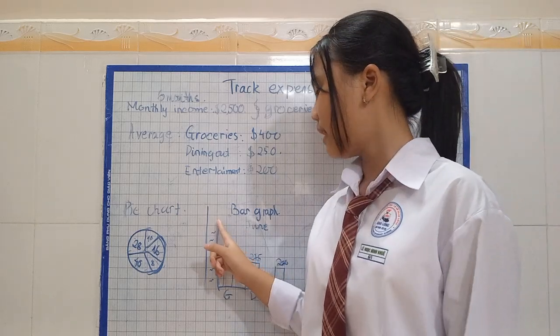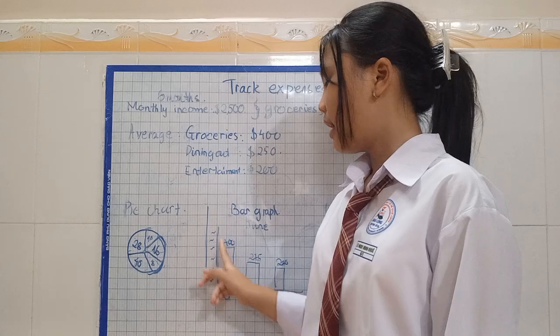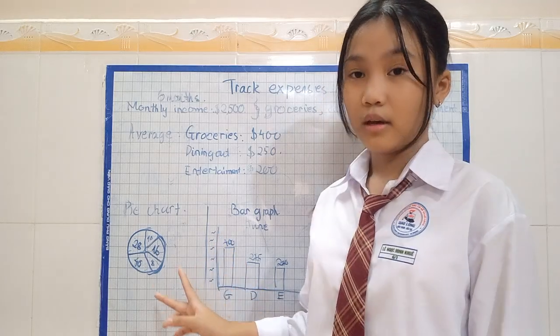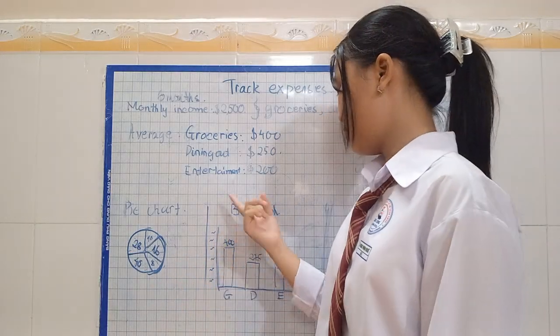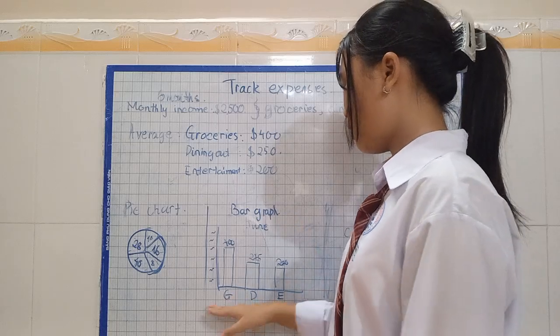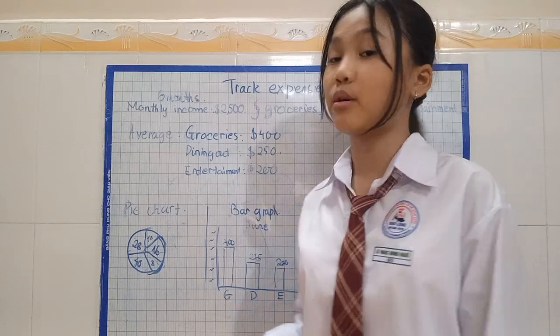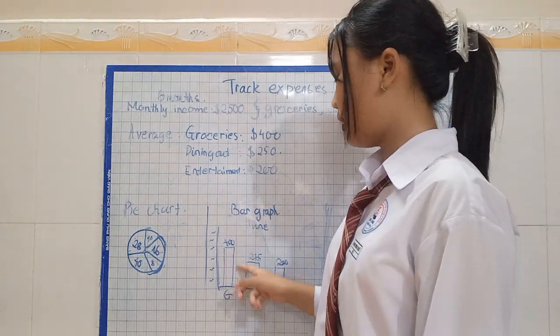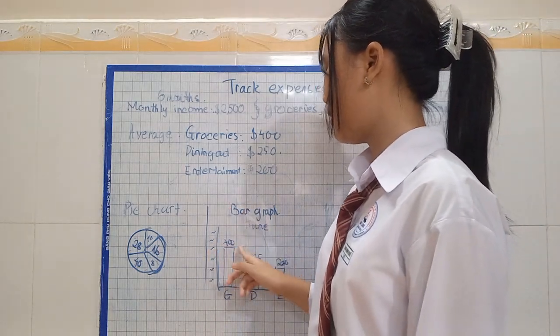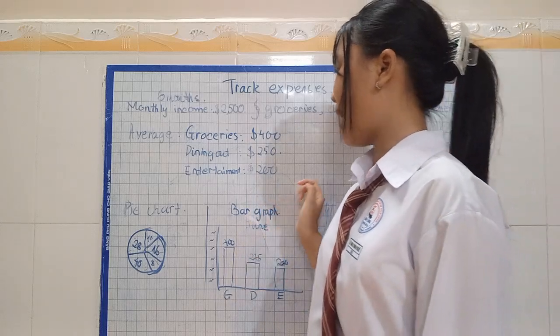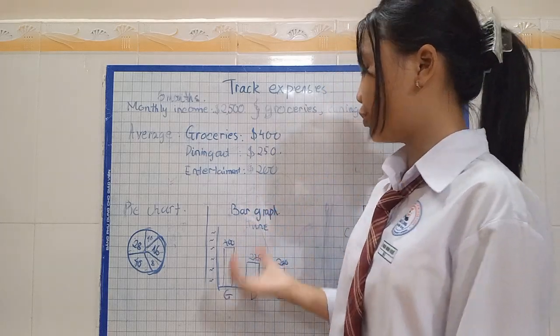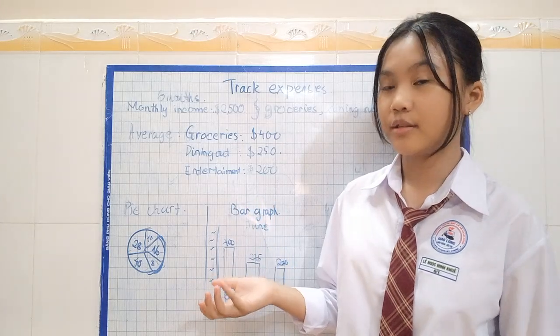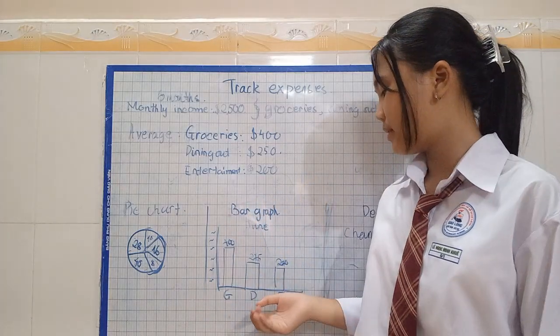This column here is going to show the number of dollars, and the rows are the categories that we're dividing into. On groceries, you can see it goes up to here, 400. So it means that in June we spent $400 on groceries.